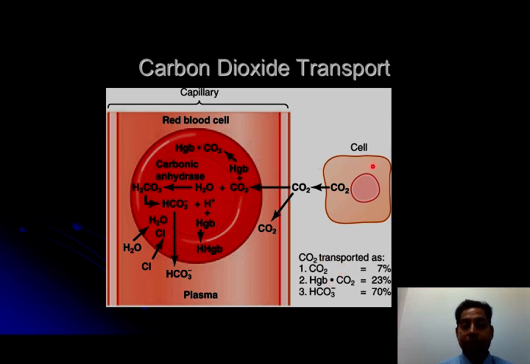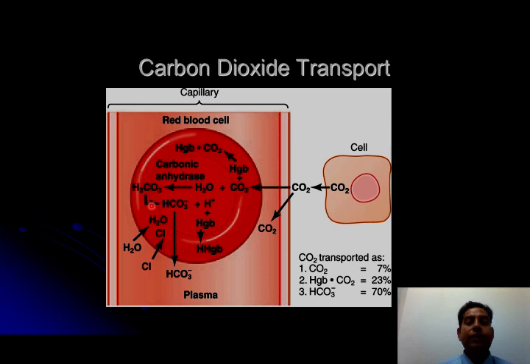So if you look at the cells which are metabolically active, they have produced carbon dioxide. This carbon dioxide will diffuse across the membrane, into the endothelium, into the red blood cells. It has to cross the red blood cell membrane, and in the RBC, it combines with water in the presence of carbonic anhydrase to produce carbonic acid.